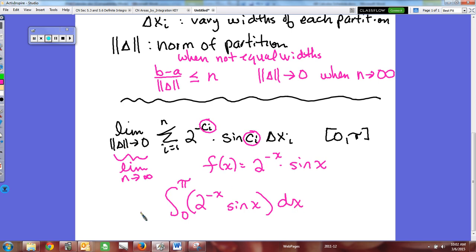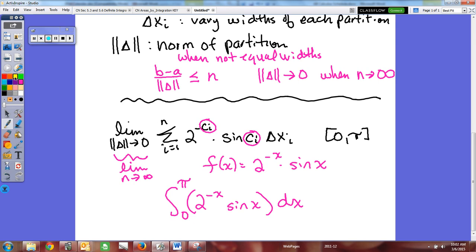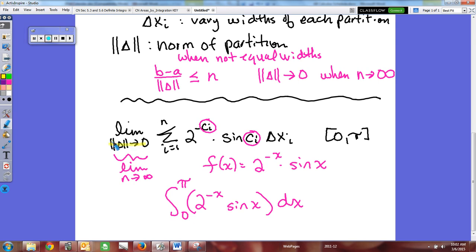That this means this, and don't let this notation over here confuse you simply because they're using a little bit different notation than what we used. When you see this, just immediately in your head go, they're just doing the limit as n goes to infinity, because as the norm goes to 0, n is going to go to infinity. And so it means exactly the same thing that we did. It's just a little different notation.